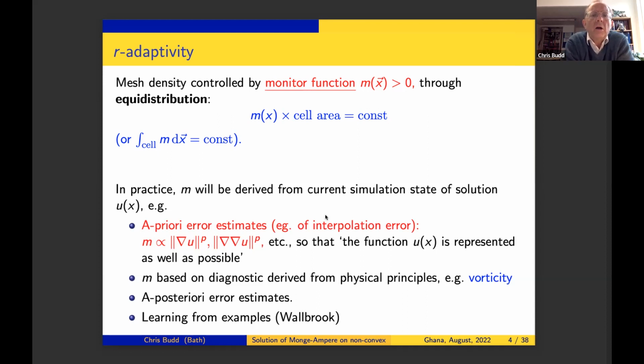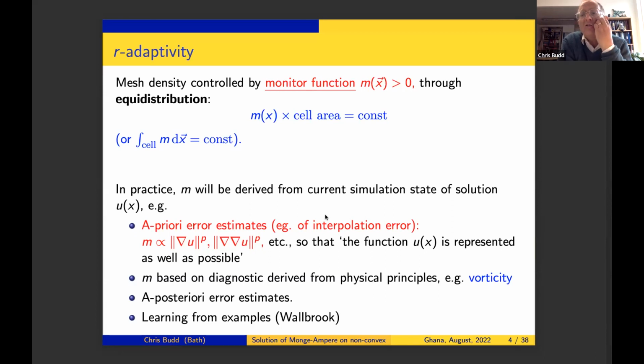So when you're doing mesh relocation, one of the first things that you need to think about is what would be a suitable control of your cell area, what would be your monitor function that you want to use. Well, there's lots of different possibilities. One which has been around for quite a long time, but still has a lot of mileage, is to make M some measure of the a priori error of the solution. So that could be, for example, a measure of the interpolation error of the solution.